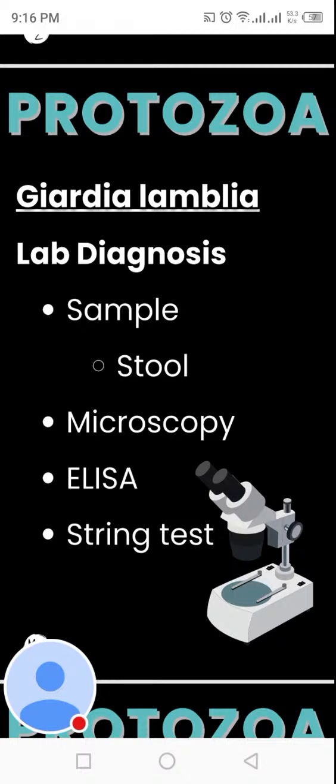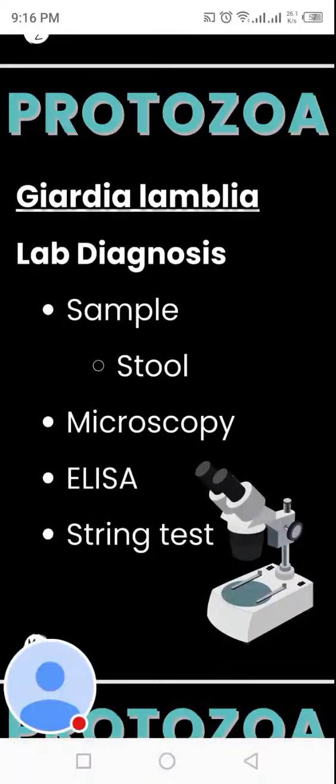After microscopy, we'll go for ELISA, that's enzyme-linked immunosorbent assay. This test is used to detect Giardia antigen in the stool and is very useful in the identification of giardiasis.